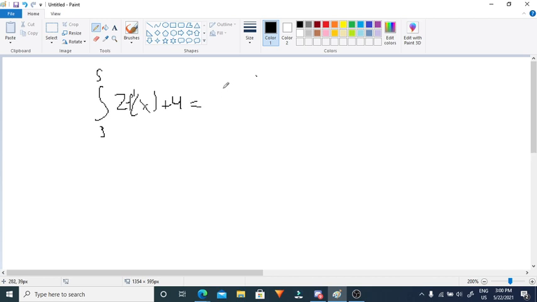The integral is going to cancel out with that f prime, plus then 4x, and we're going to be plugging in 5 and 3.